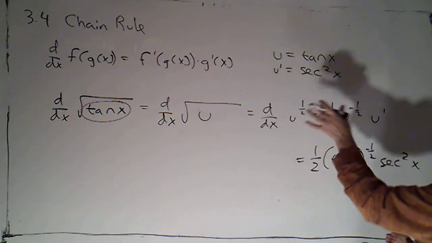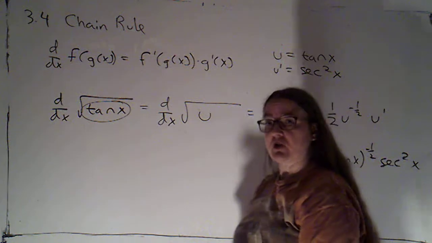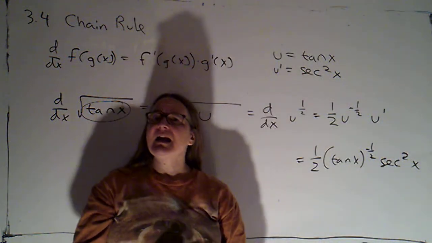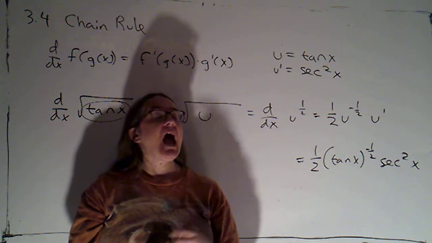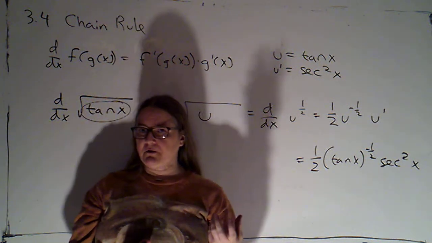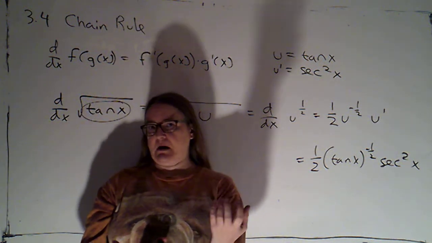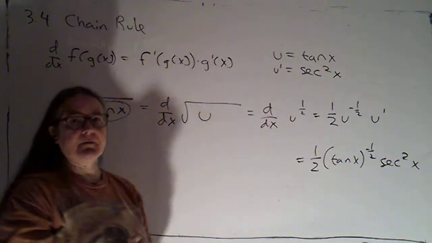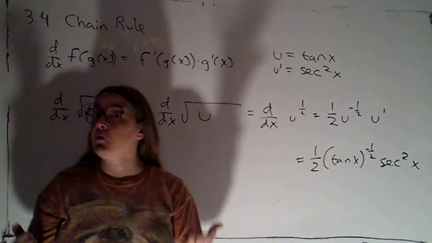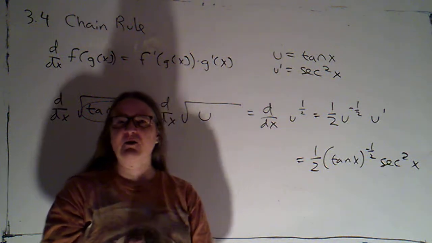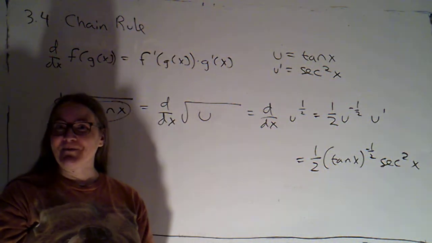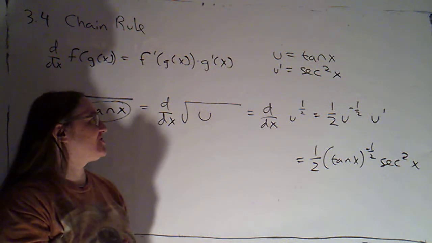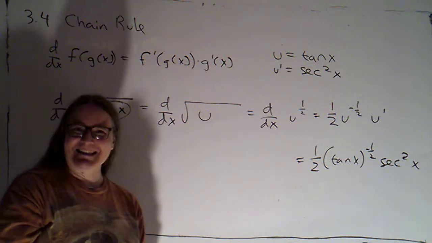Some of you may find that that notation, that substitution of calling that inside part u, is helpful for you. You're certainly welcome to use it. I would suggest that all of you try some of the problems using this substitution method, even if you don't find that you think it's necessary all of the time. The reason is just that that's going to help us when we get to implicit differentiation, which I haven't taught you yet, but that's in the next section.